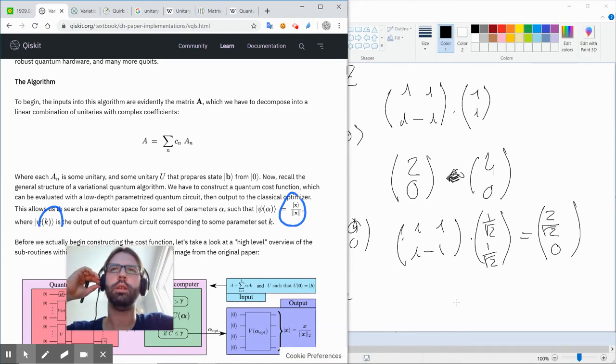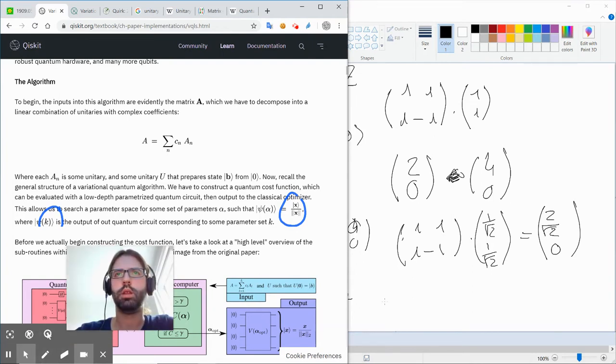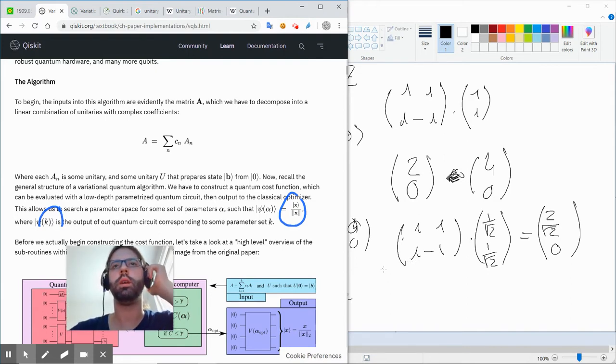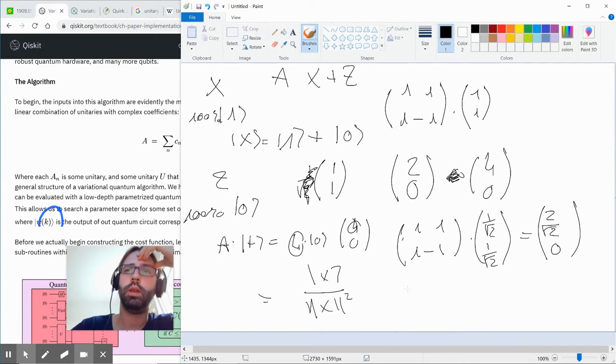Which I can see that if my original vector is these, 4, 0, and I want to normalize it, then I should do this, right?